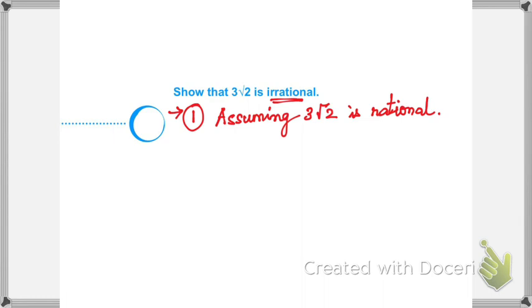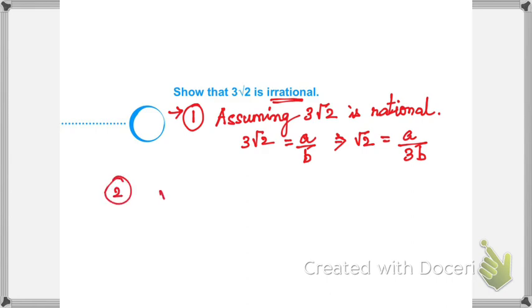Okay. So assuming 3 root 2 is rational, then 3 root 2 will be equal to a by b, and then from here you can write that root 2 will be equal to a by 3b. I will write it here in step 2 once again, that root 2 is equal to a by 3b.